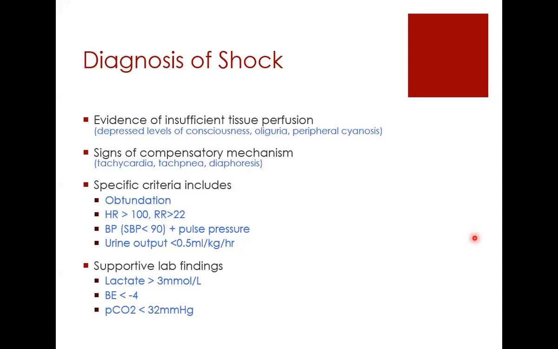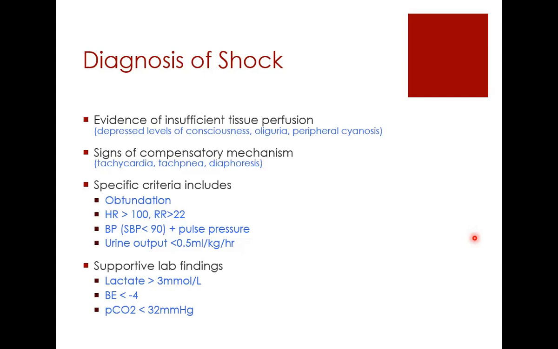There are some other specific things that you might look for which guide you that the patient is likely in shock: altered level of consciousness, palpitations, heart rate more than 100, RR more than 22, or systolic blood pressure less than 90 millimeters of mercury. I mention pulse pressure here because it depends on the patient's underlying cause.